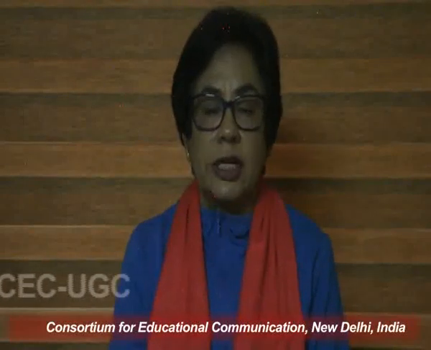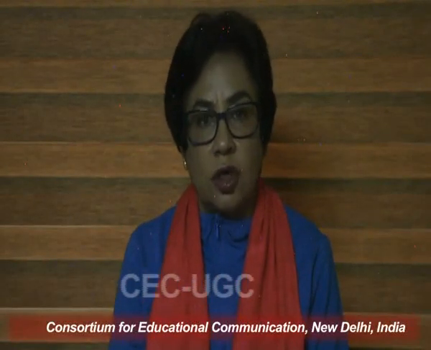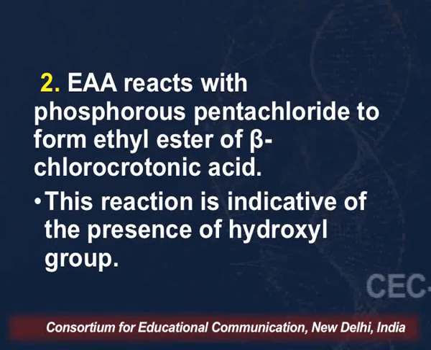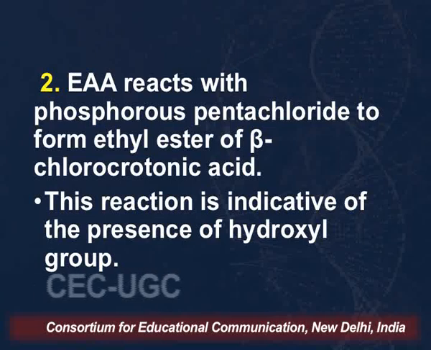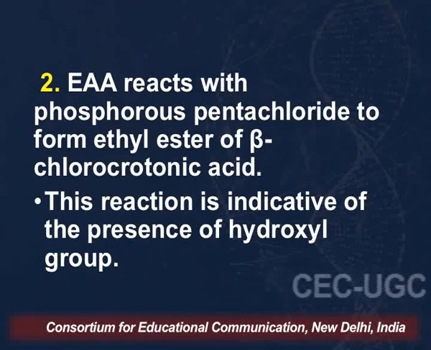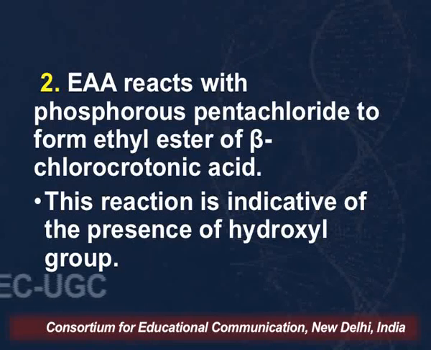The second reaction in favor of the hydroxyl group was where ethyl acetoacetate was treated with phosphorus pentachloride. When it was treated with phosphorus pentachloride, the ethyl ester of beta chlorocrotonic acid was formed.